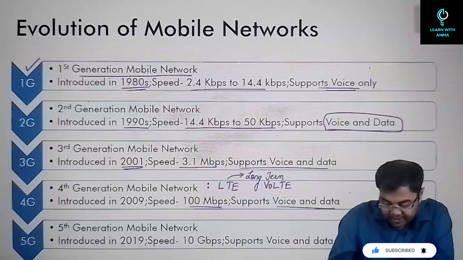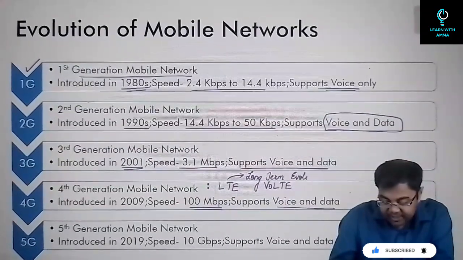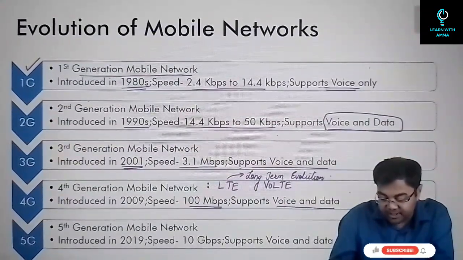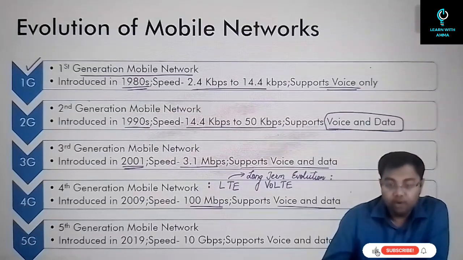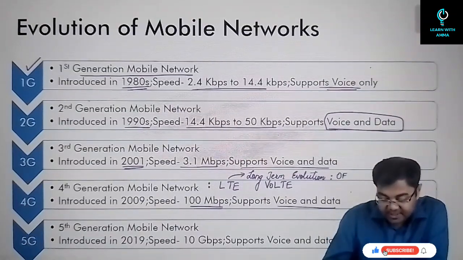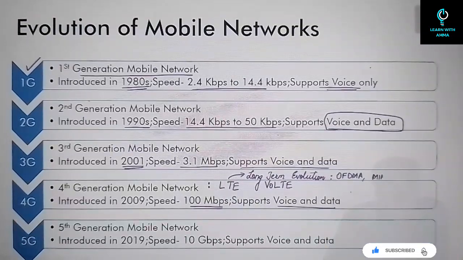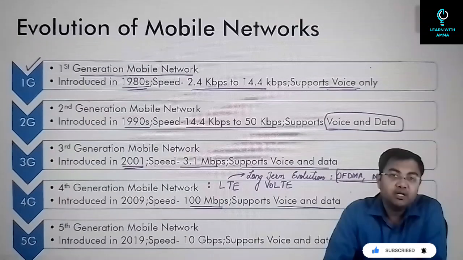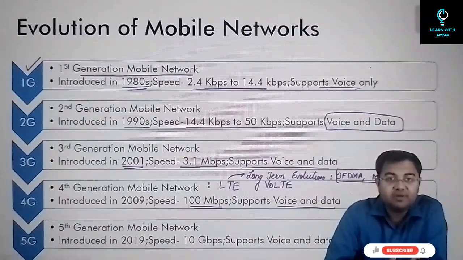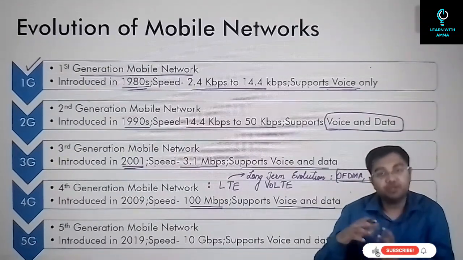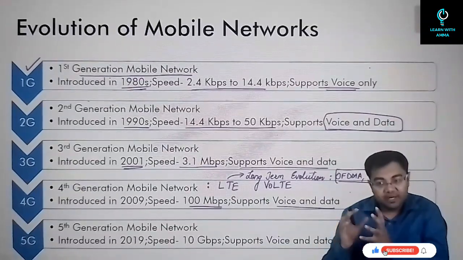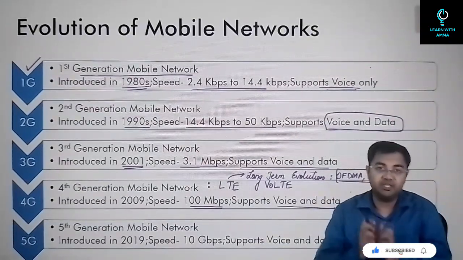This is one key technology on which 4G is based, because it uses a combination of what we have already discussed, OFDMA and MIMO. Both these technologies were in use in LTE also. LTE initially was not really 4G. It was introduced as a different technology, but it became the backbone of 4G technology.